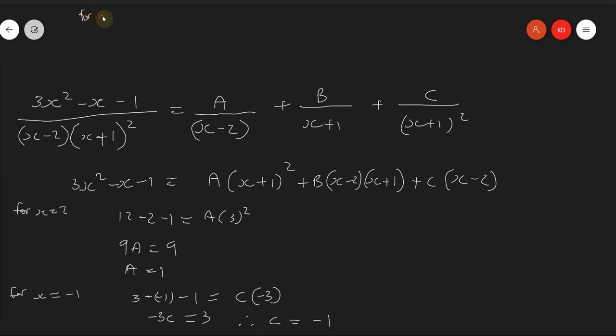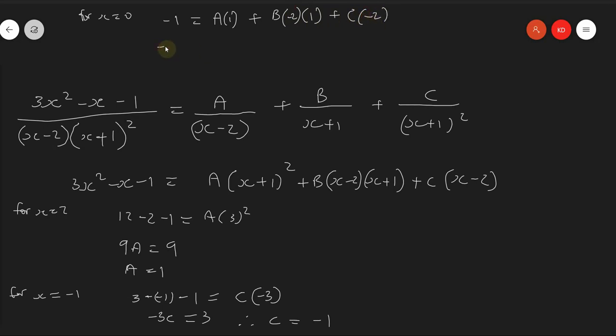So for x equals 0, on the left side we would have negative 1, because these two terms will cancel out, which is equal to a times 1 plus b times negative 2 times 1 plus c times negative 2.